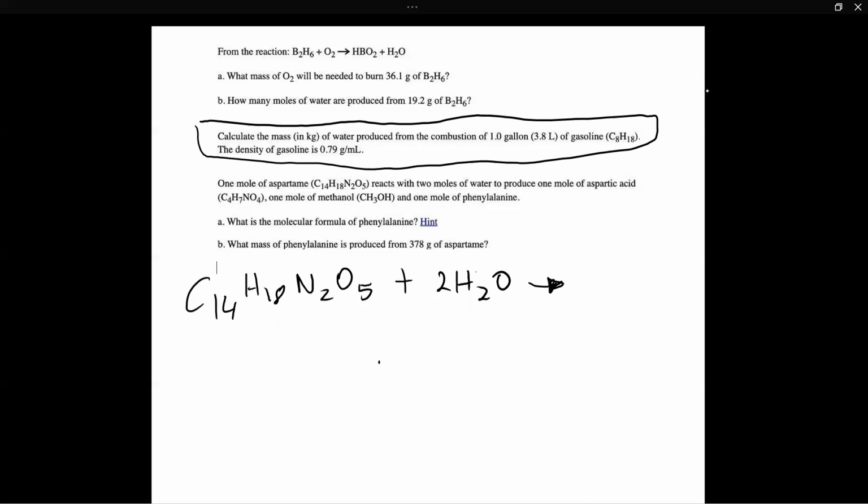This just tells us how much one element is used in the reaction compared to another. So in this case, you use double the amount of water when compared to aspartame.